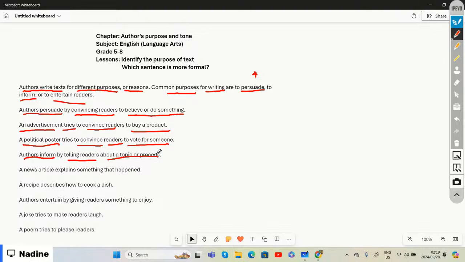And then we have news articles, like your newspapers, or the show that comes on the news, the news basically that comes on the TV. So news articles explain something that happened.